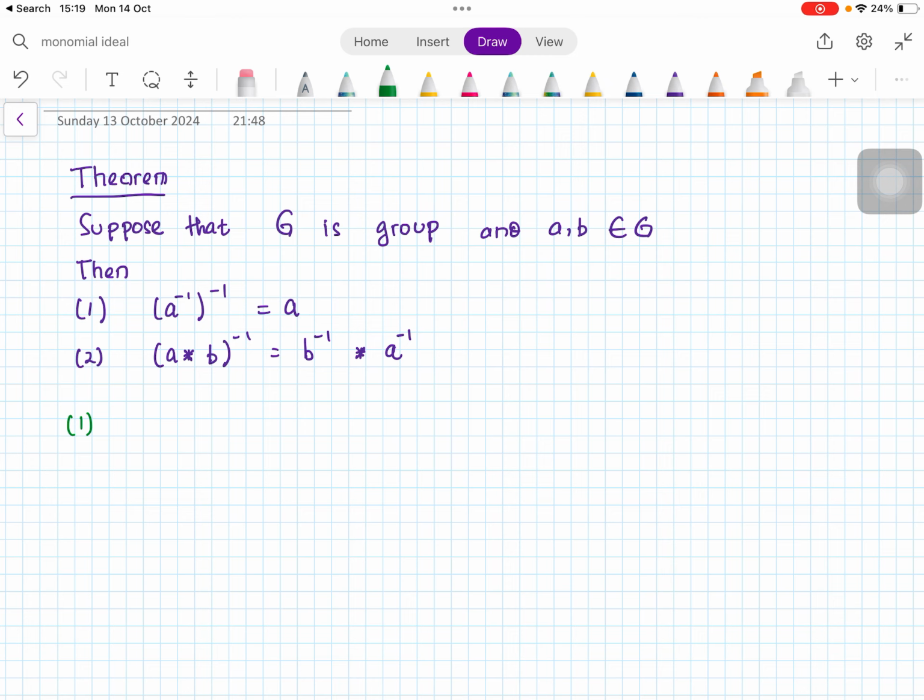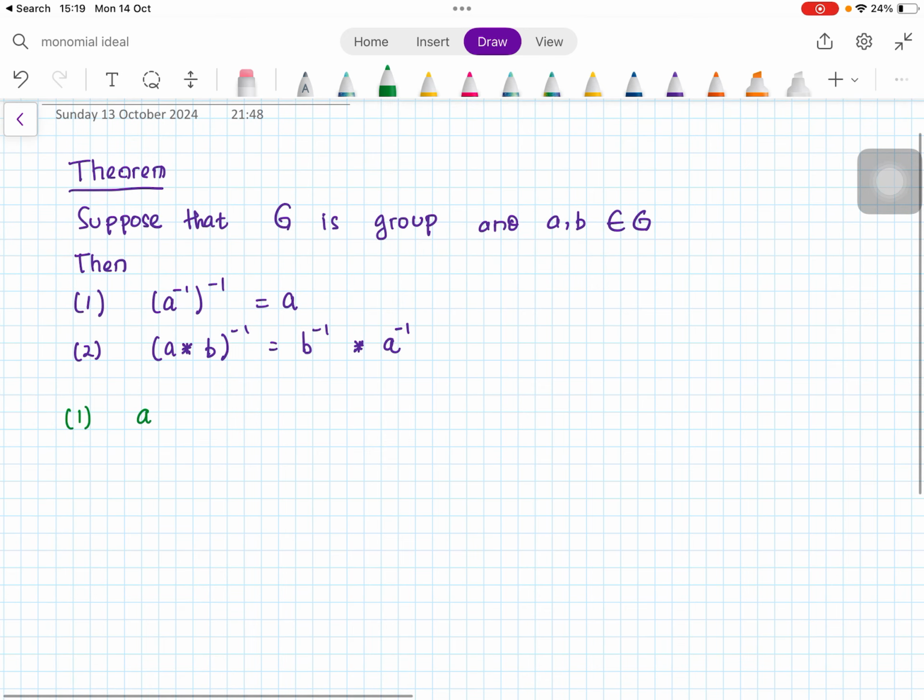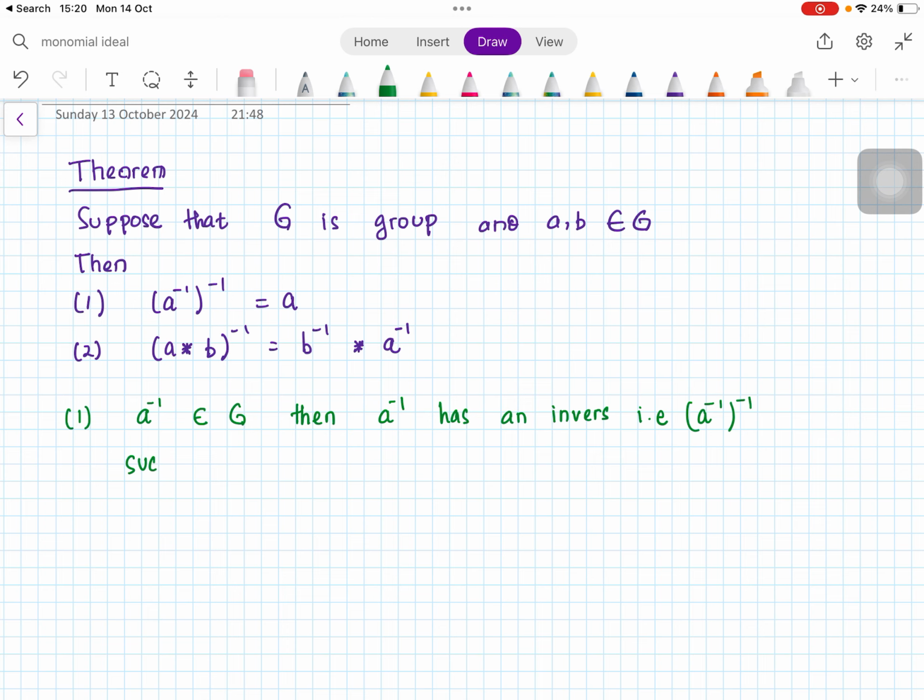For example, here we have A inverse, which is in G. Because A inverse is in G, then A inverse has an inverse, which is here the inverse of A inverse, such that A inverse star the inverse of A inverse equals the identity, which is E.